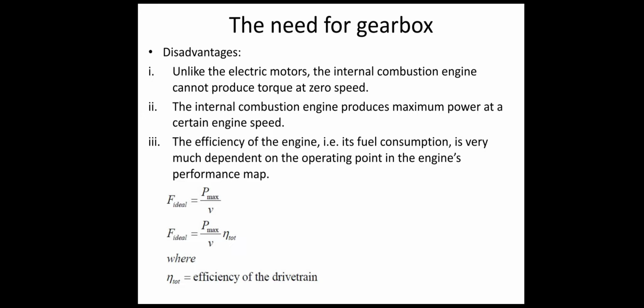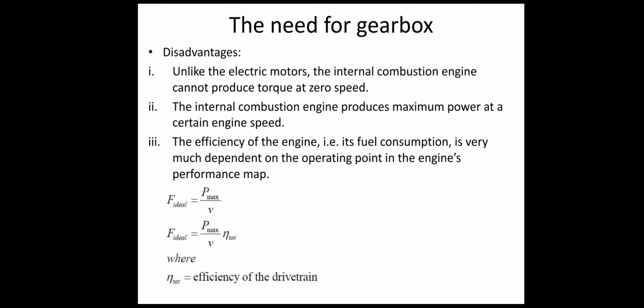Whenever you are in the economy area, you get better or good efficiency of the vehicle. That depends on your speed. If you go to higher speed, your efficiency will be low.